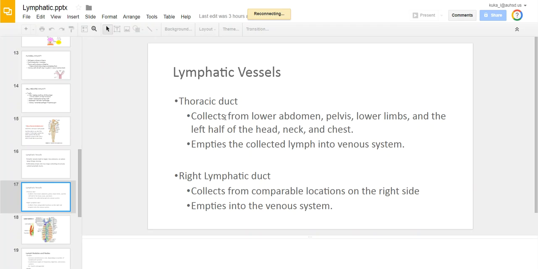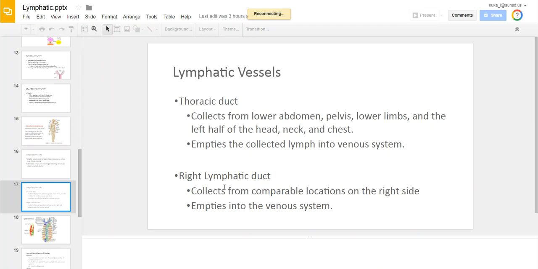That collects all the lymph from your lower abdomen, your pelvis, your lower limbs, and the left half of your head, neck, and chest. Once it does that, it's going to empty the collected lymph into your venous system. So this is your regular circulatory system, your veins, and from there it can go to the kidneys, where it will be filtered out and you will urinate it out.